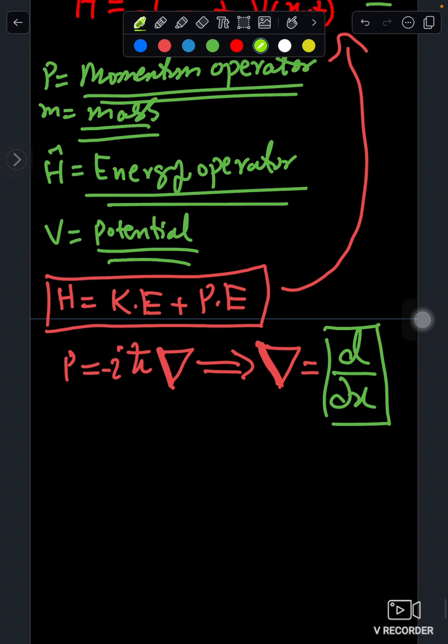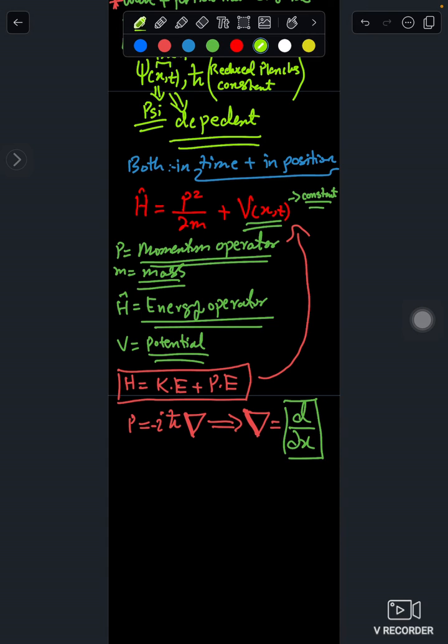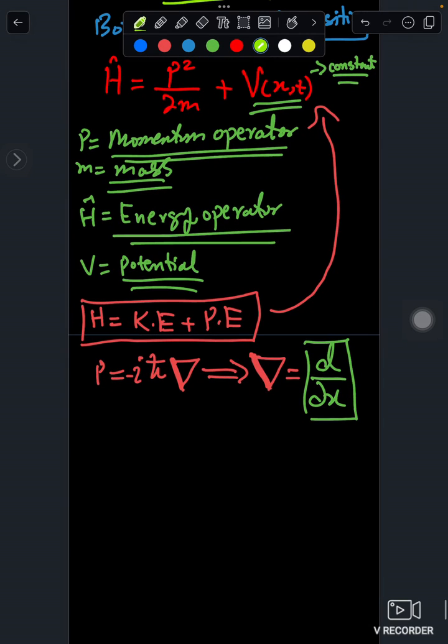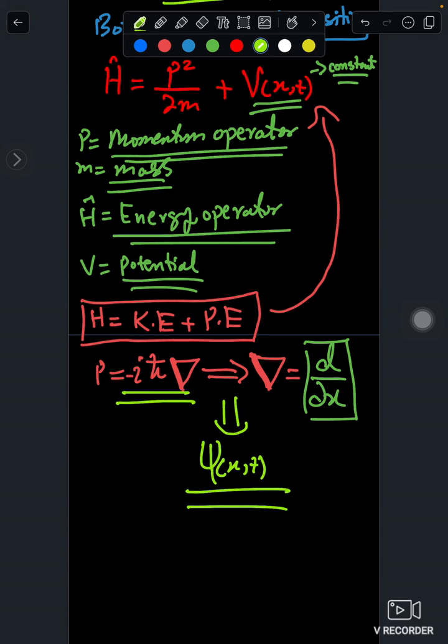Then by integrating these with psi of x and t, we get the Schrödinger equation. The psi symbol squared is the probability density, to get the probability of the particle.